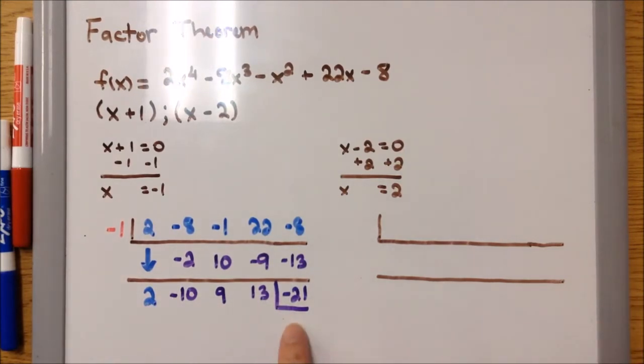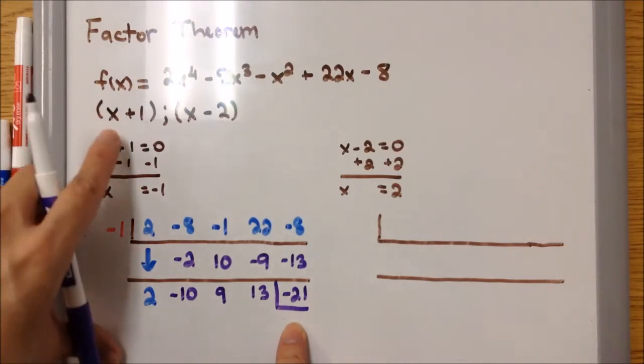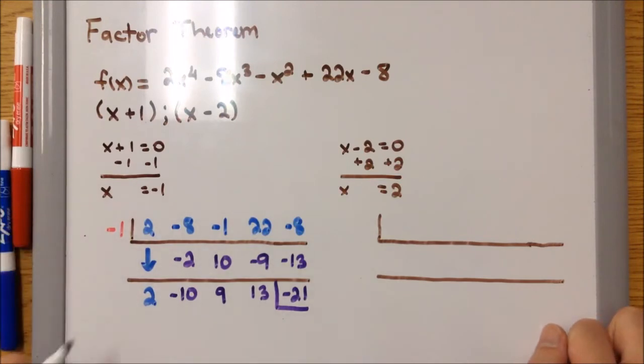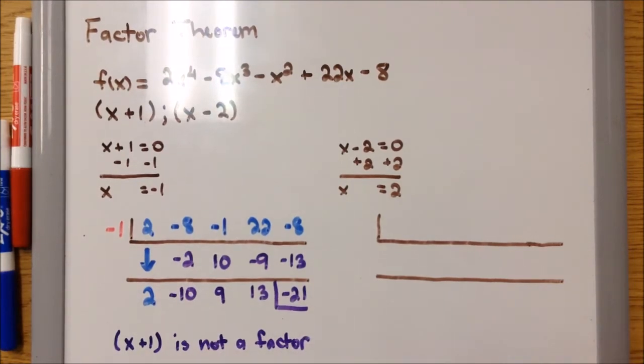So since our remainder is not 0, we tested out negative 1, which came from x plus 1. So therefore, I'm going to write right here, x plus 1 is not a factor. So again, since your remainder did not equal 0, x plus 1 is not a factor.